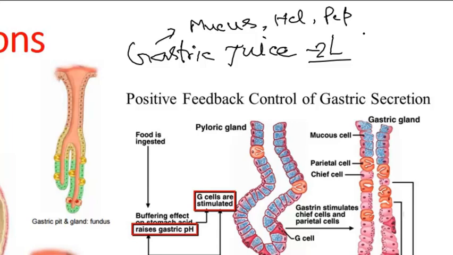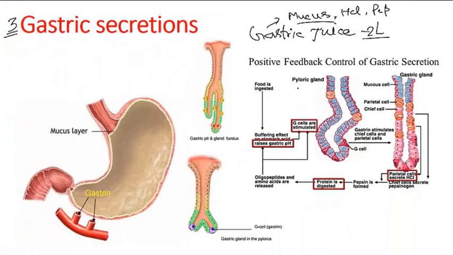Mucus is produced throughout the stomach and protects the lining of the stomach cells. Pepsinogen is also secreted throughout the stomach. HCl is produced by the fundus and body; these are the two parts that produce HCl. And intrinsic factors are also produced by the fundus and body.